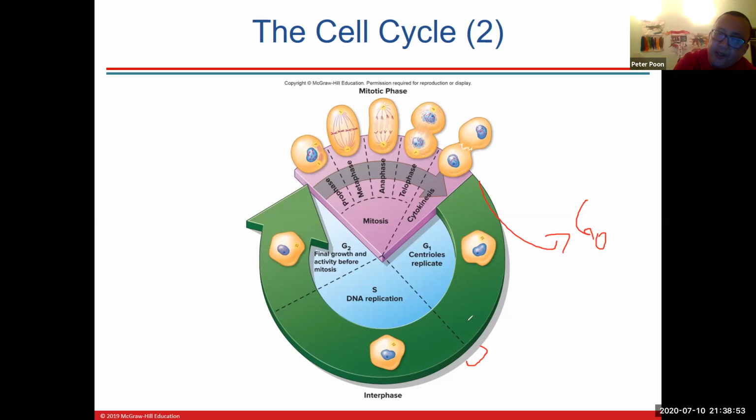Before you replicate your DNA, you better check to make sure your DNA is not damaged in any meaningful way, or else you'll have errors on replication, and errors on replication lead to cancer. So P53 actually sits on top of the DNA and checks it for damage.